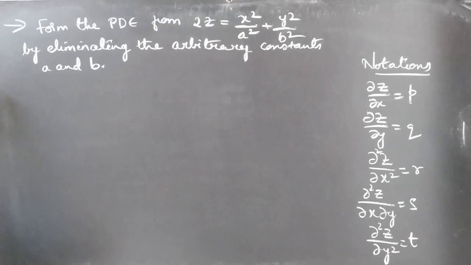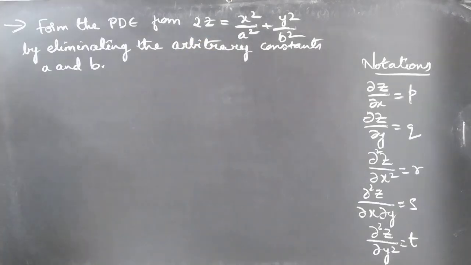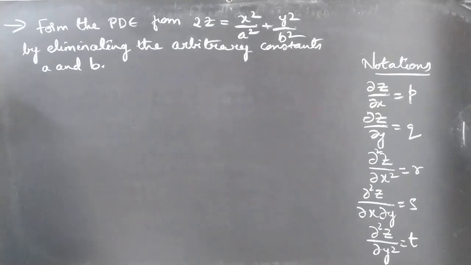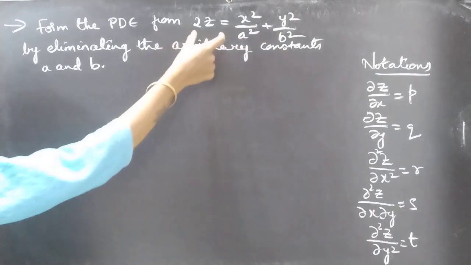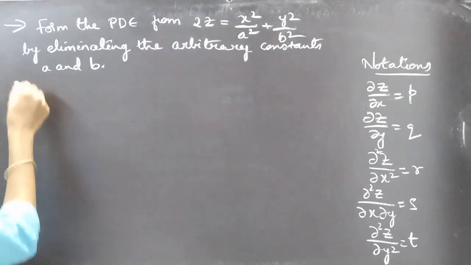So here we are given a relation 2z equal to x square by a square plus y square by b square, where a and b are arbitrary constants. So we need to form a partial differential equation from this equation by eliminating the arbitrary constants a and b.